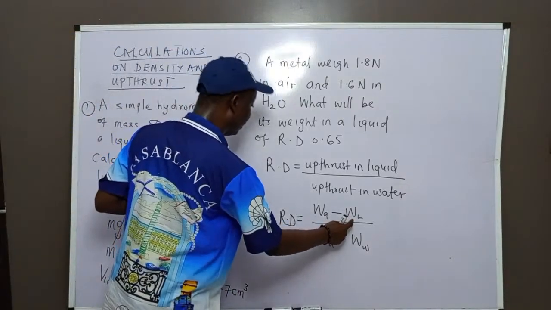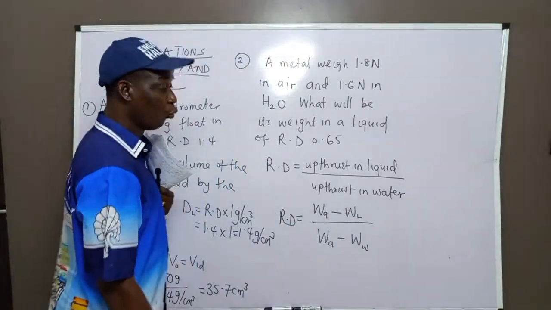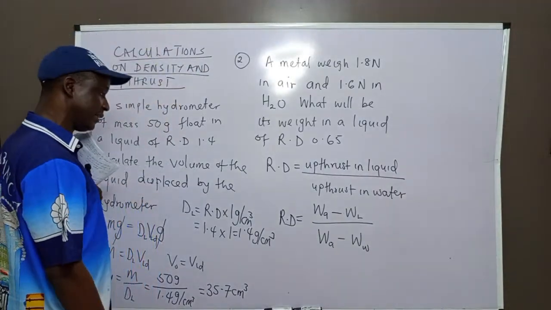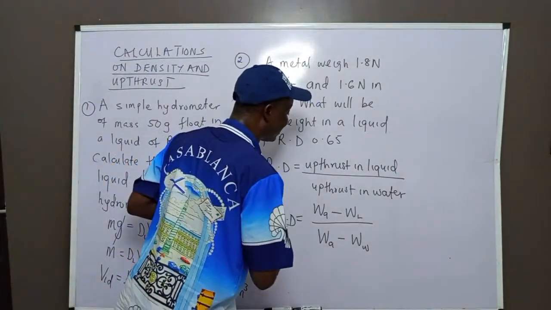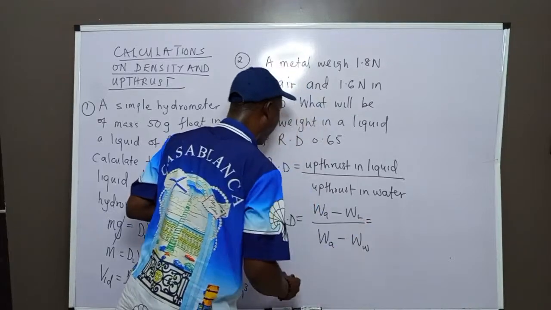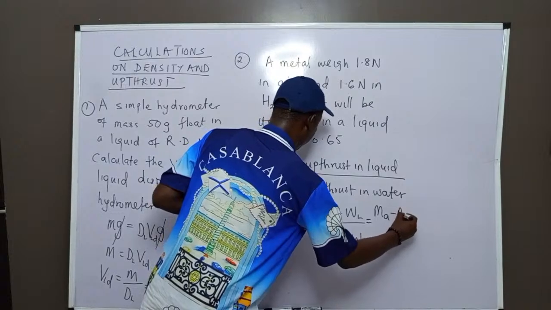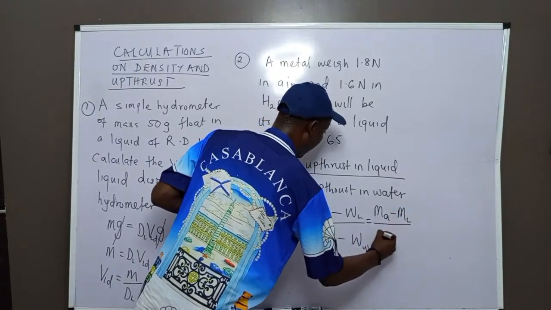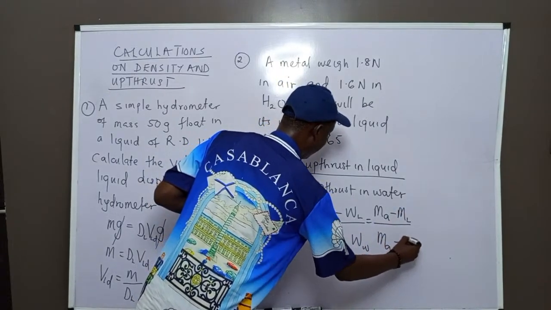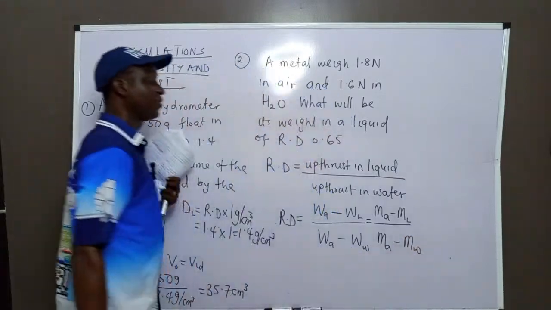Weight in liquid is the weight of the body when immersed in liquid. We can also similarly write it as, if you cancel out the mass, mass in air minus mass in liquid over mass in air minus mass in water. Many of you are familiar with it. Please take note of that.